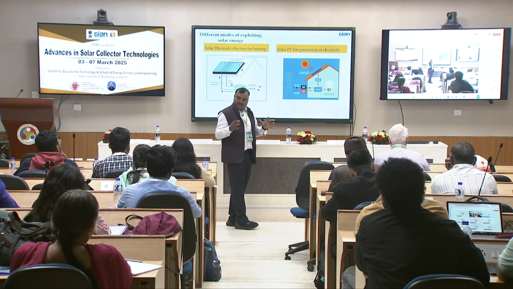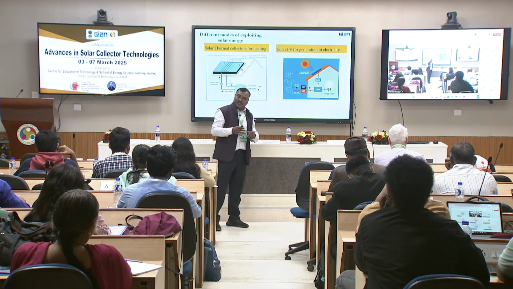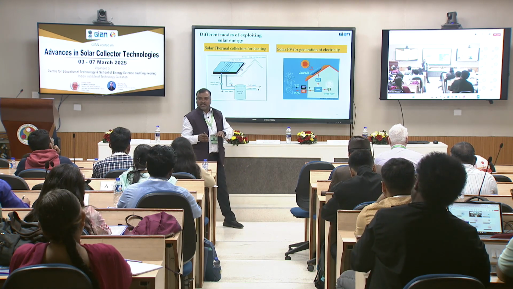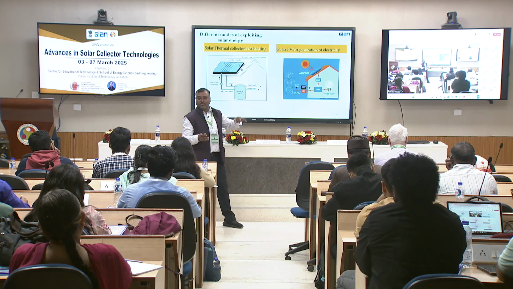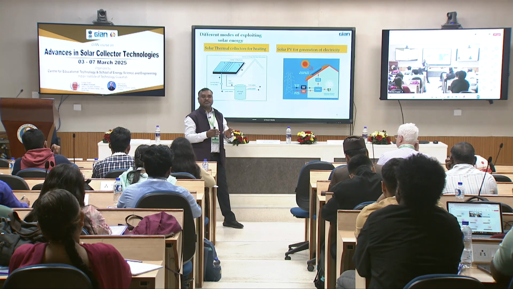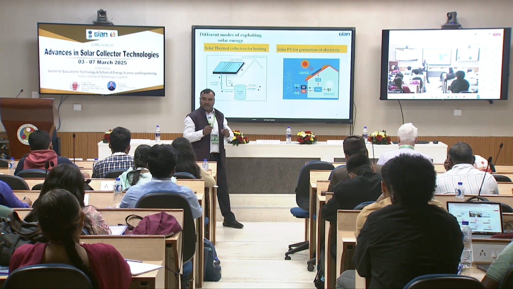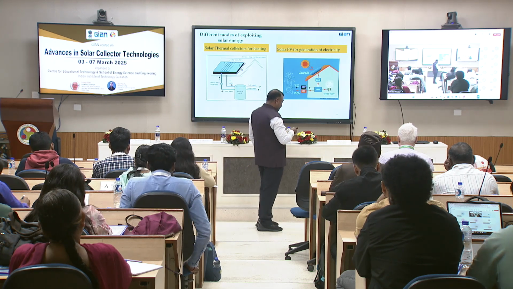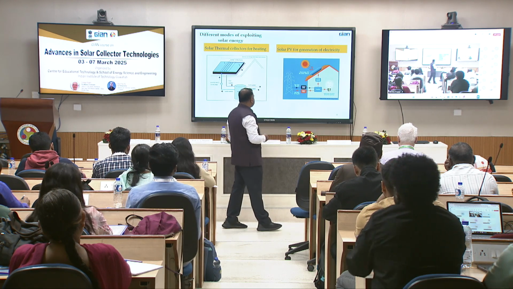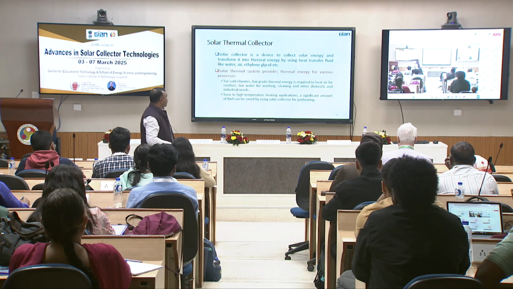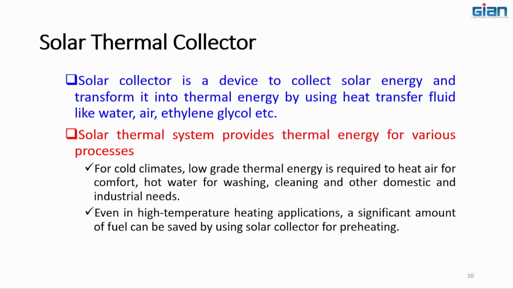Nowadays we have a net meter system, so the energy you generate, if you are not utilizing it, you can give it to the grid, and when you require it you can take it from the grid. A net meter will count the amount of energy you have delivered and the amount you have consumed, and that way you pay the bills, or maybe you can earn money by selling the electricity, okay? Now we'll spend more time on solar thermal collectors.